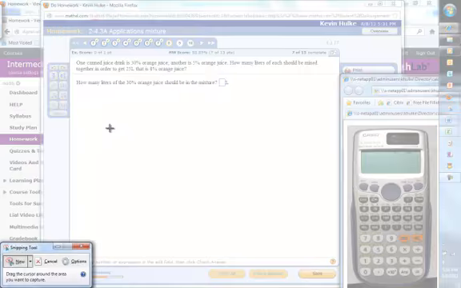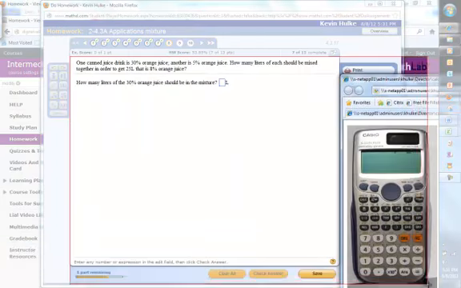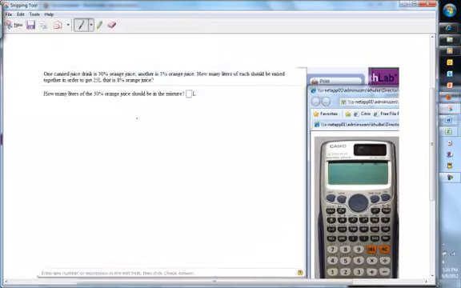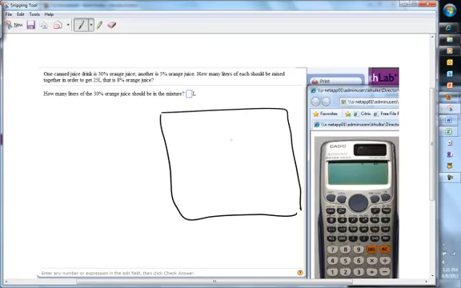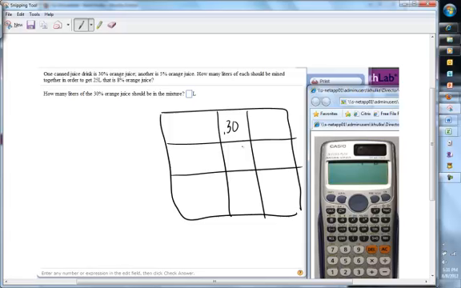A mixture problem. One canned juice drink is 30% orange juice, and another is 5% orange juice. We want to get 8% orange juice out of them. Okay, so let's call this one strong and this one weak.